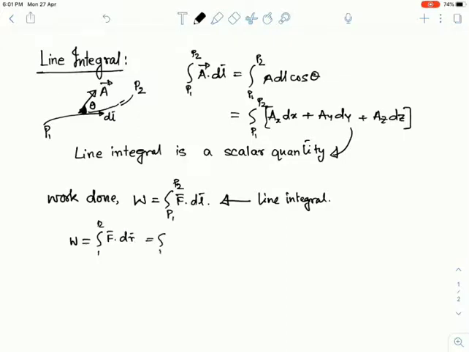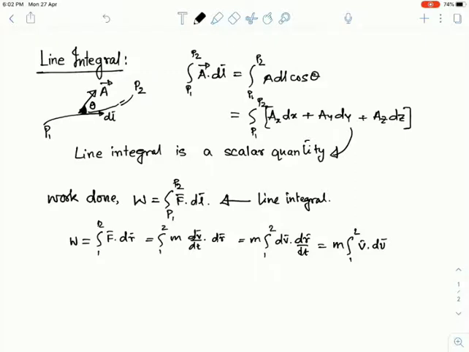So let's derive it from Newton's second law of motion. F equals m dv/dt, and we put it in this equation, and it becomes m integration 1 to 2 of dv/dt dot dr.